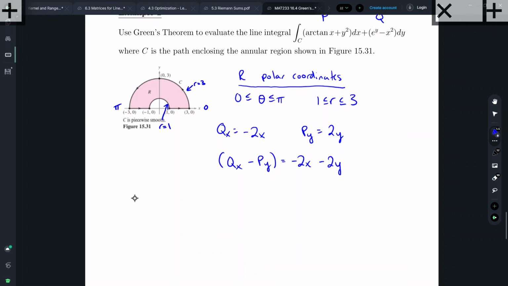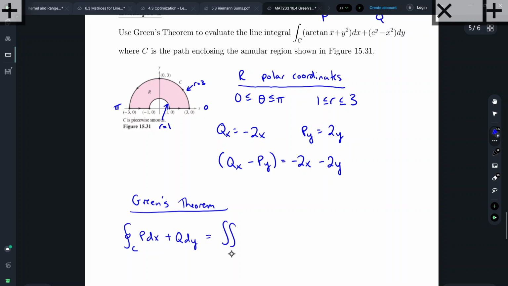Okay, so now we're ready to apply Green's theorem. Instead of calculating the line integral directly, Green's theorem allows us to replace it with a double integral over the region R of the partial of Q with respect to x minus the partial of P with respect to y.